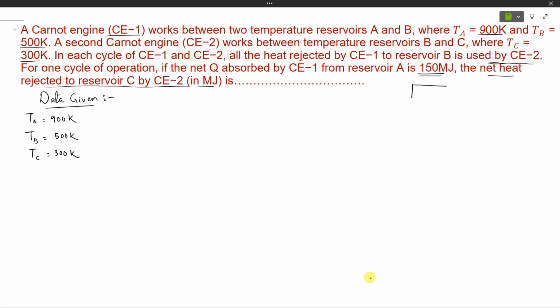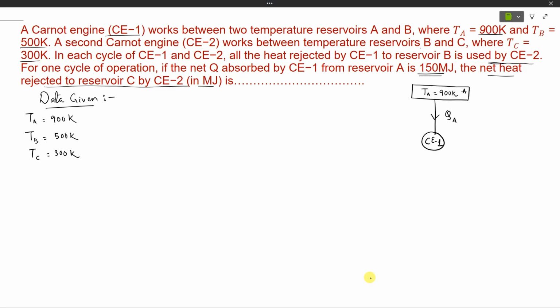As per the question, the Carnot engine 1 receives heat energy from a hot reservoir having temperature 900 Kelvin. So let's say this is a reservoir having temperature 900 Kelvin, and the reservoir is A. From this reservoir, the heat energy is received by the Carnot engine, and let's say that is QA.